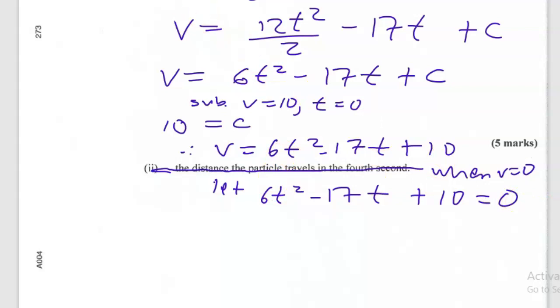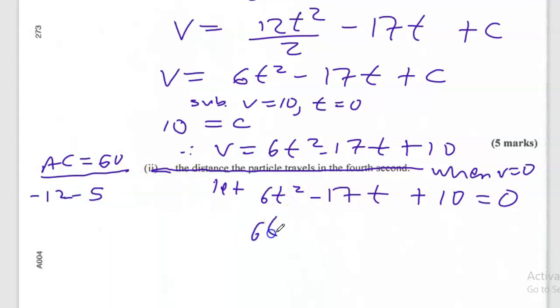So we can solve. And of course, we can factorize if we're using the AC method. AC here is 6 times 10, 60. So we want two numbers that multiply to give 60 and add to give minus 17. That looks like minus 12 and minus 5. These two numbers add to give negative 17 in the middle term and multiply to give positive 60.